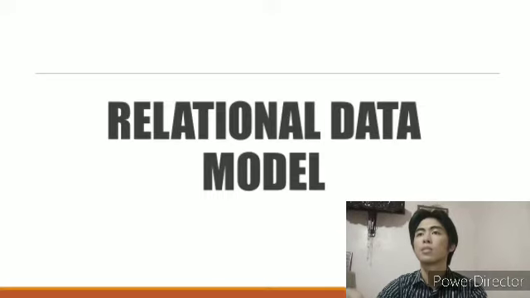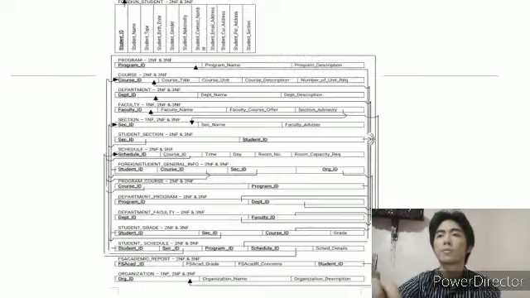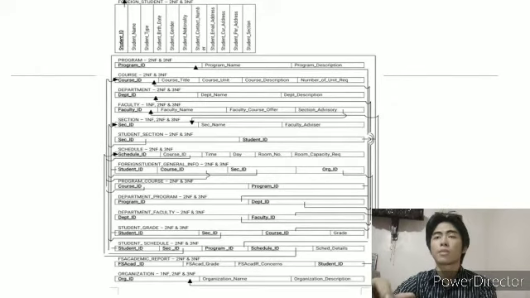So let's start. Section advisory is a reference to sec ID from the section table. Next, the section table. In the section table, faculty advisor is a reference to faculty ID from the faculty table.